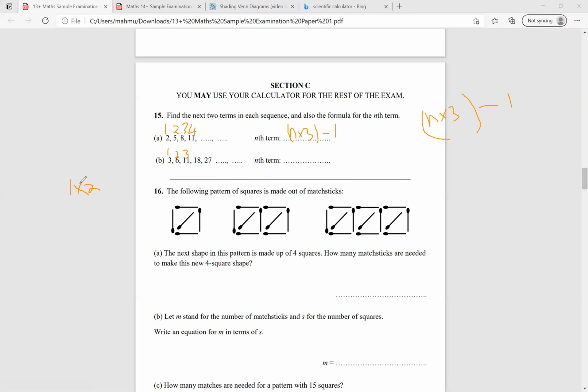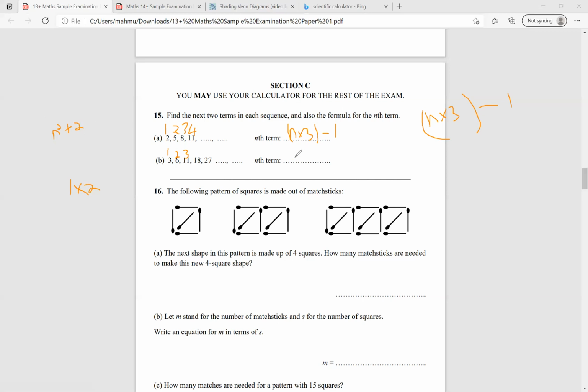Yes, okay. So what we could do here is n times n, so basically n squared plus 2. So 1 squared is 1 plus 2 is 3, right? 2 squared is 4 plus 2 is 6. 3 squared is 9 plus 2 is 11. 4 squared is 16 plus 2.